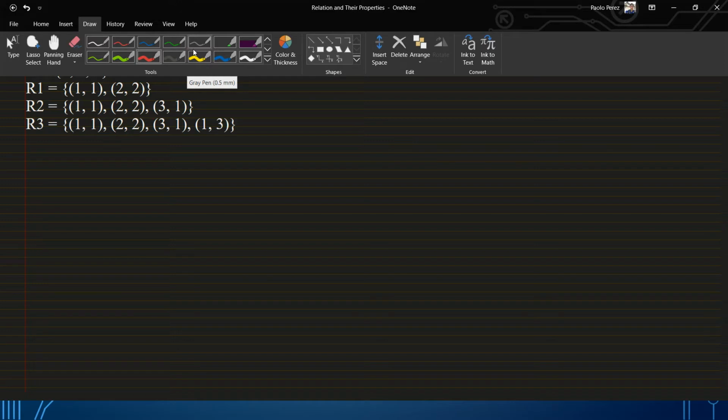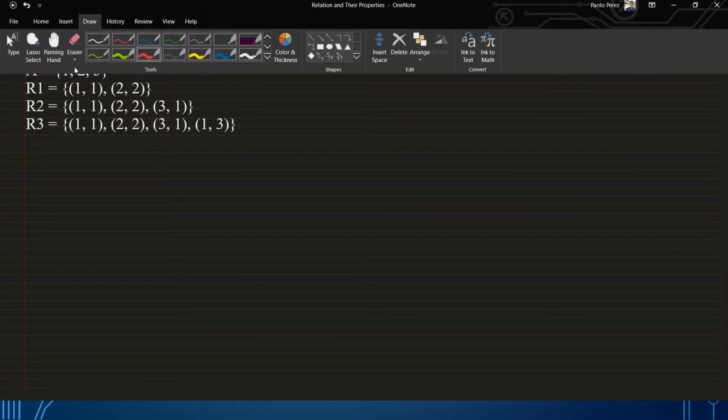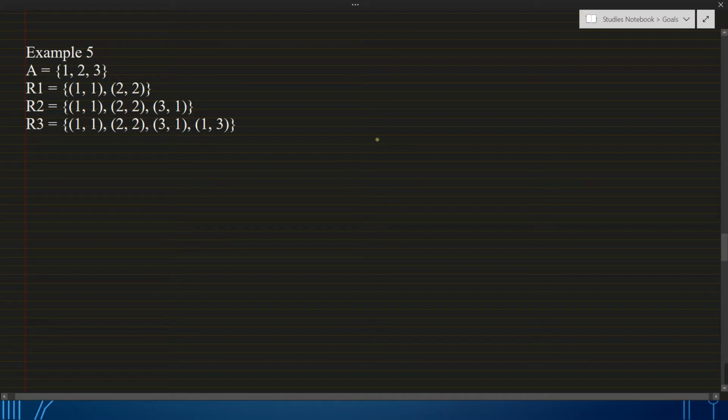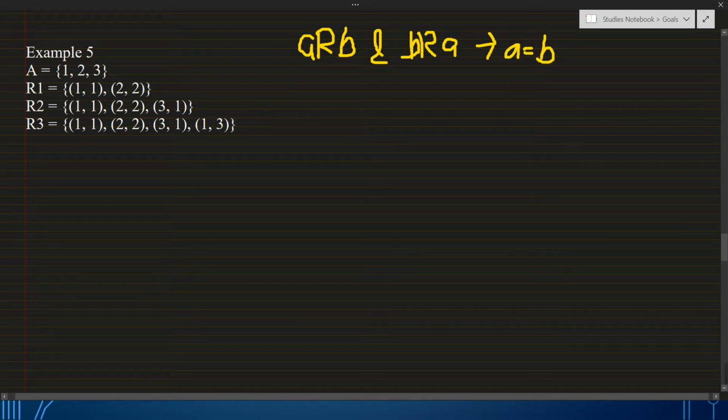I'll put here again the conditional statement: A relates B and B relates A, then A equals B. Let's start with R1 first.